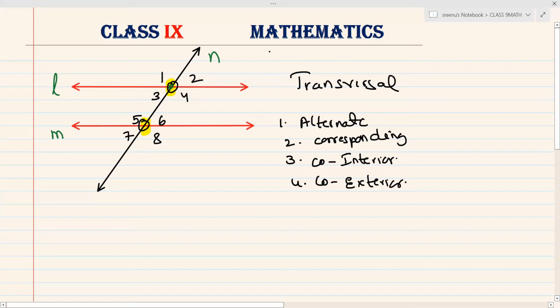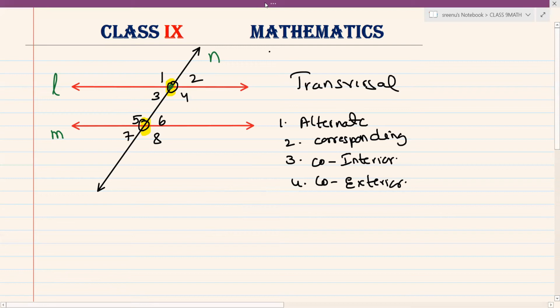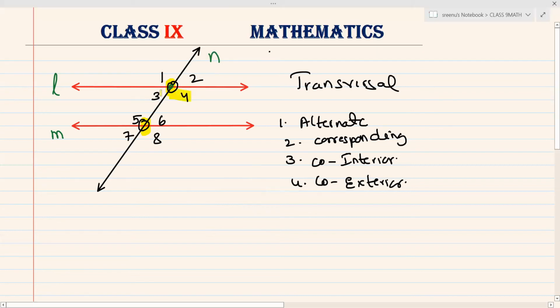Let us see. Alternate is not a new word for us. Alternate means these two are alternate and these two are alternate, like vertical opposite. Here you can say alternate interior and alternate exterior, 3 and 6. So first, let us classify interior and exterior. Here I'm marking with yellow color. Those are interior, which are inside the parallel lines.